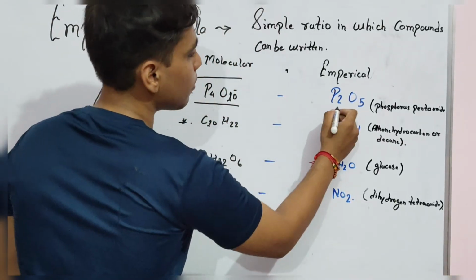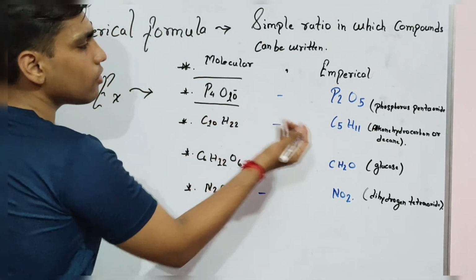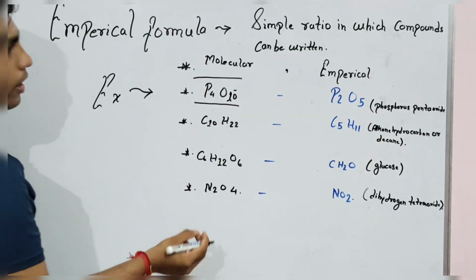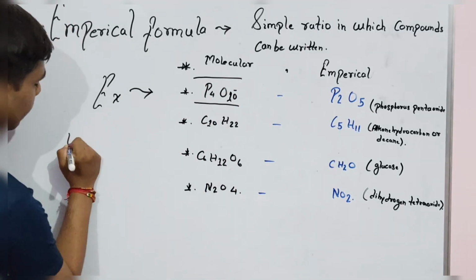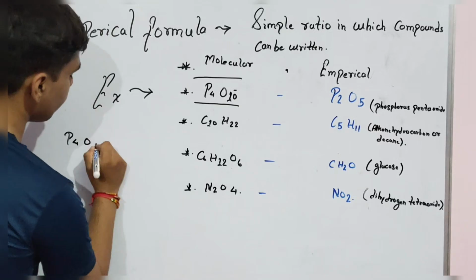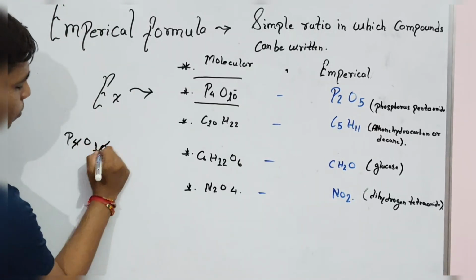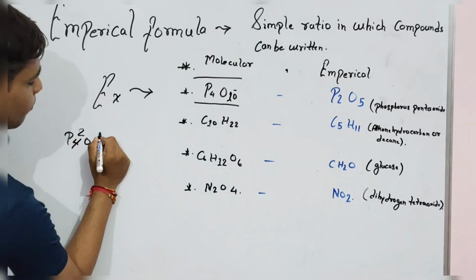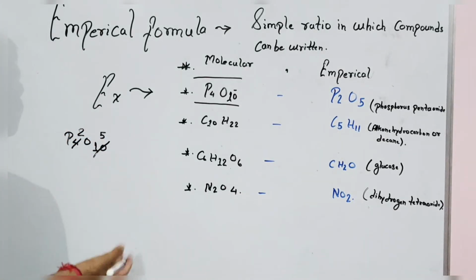Like we have here P2O5 and here we have P4O10. There is no difference in ratio. If we divide by 2 on both sides, here we will find 2, here we will find 5.